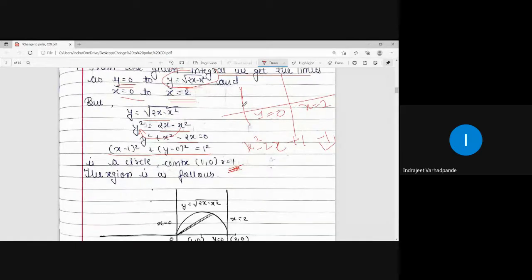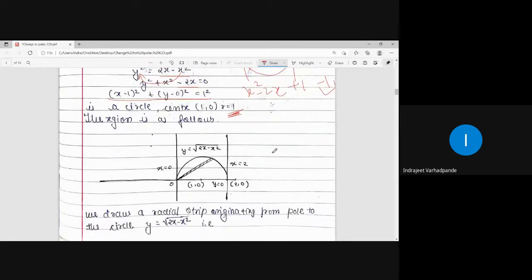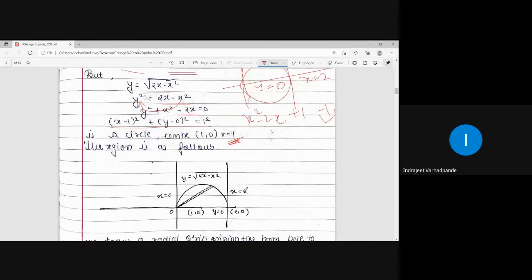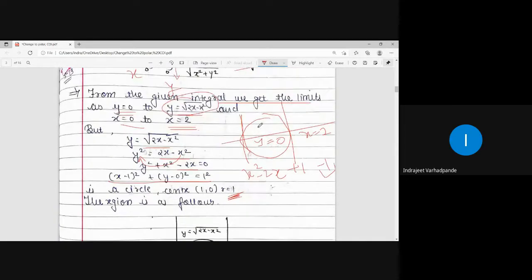So we will draw the circle over here in between, so that the center is 1, 0 and the radius is equal to 1. And accordingly, we will have the region. Now the region of integration will not be a complete circle. As y is equal to 0, this will be the region, this region of the circle, and x equal to 2 gives this region.